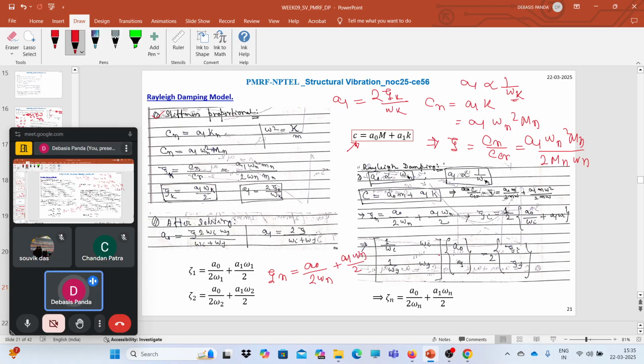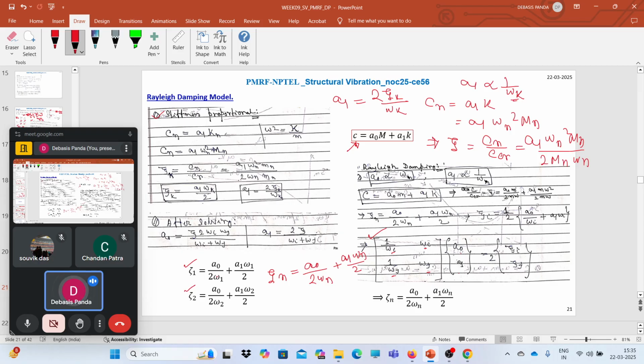Now in matrix form, how can we write it down here? If we have the ith and jth modes, consider the ith and jth mode, so I can write it like 1 by omega i, 1 by omega j, times A naught, A1, is equal to 2 zeta i, zeta j, right? For example, for the first and second degrees of freedom, the zeta is given as zeta 1.